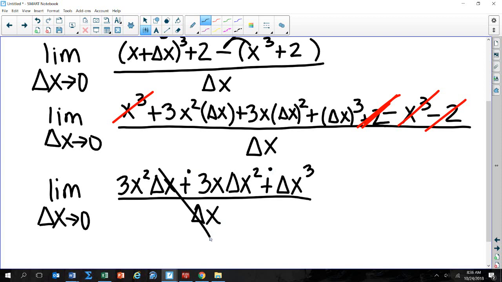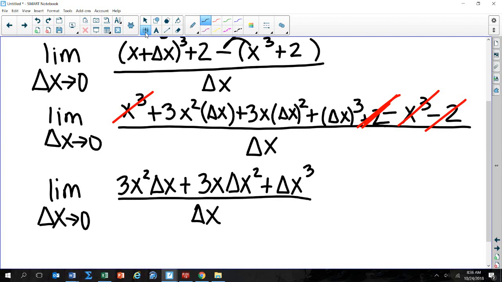But because it's addition, what I would actually have to do is divide every term in the numerator by delta x. You divide the first term by delta x, the second term, and the third. That works because every term does have delta x in it.